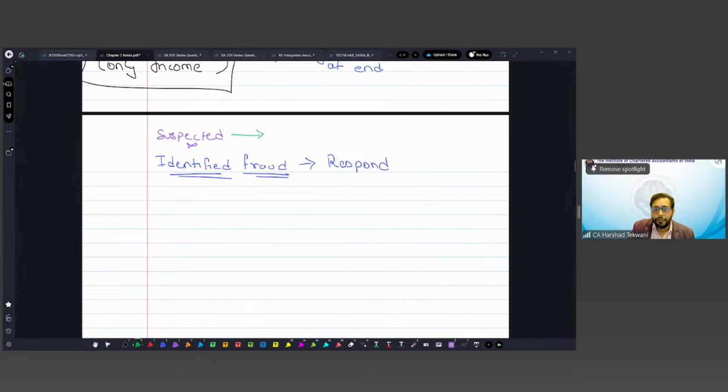Let's say I suspect there is a fraud. I have not identified it fully, but I suspect. Why do I have to respond to that? I have already collected audit evidence, and after collecting audit evidence, I have a suspicion that there is a fraud.